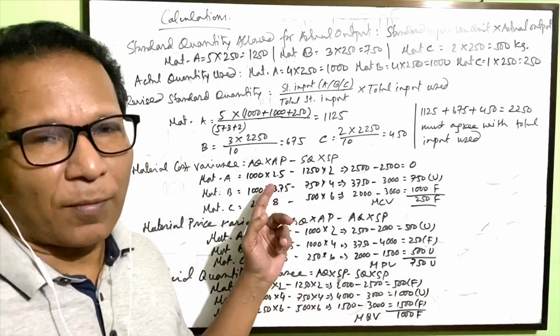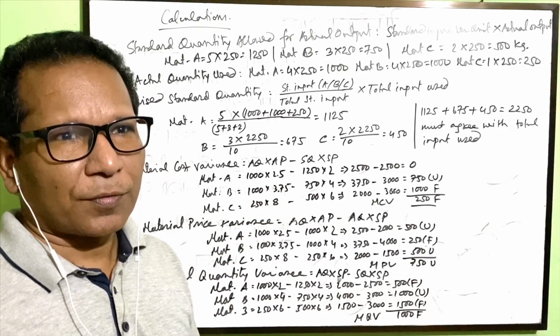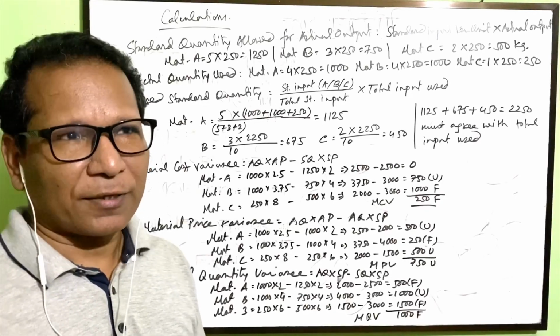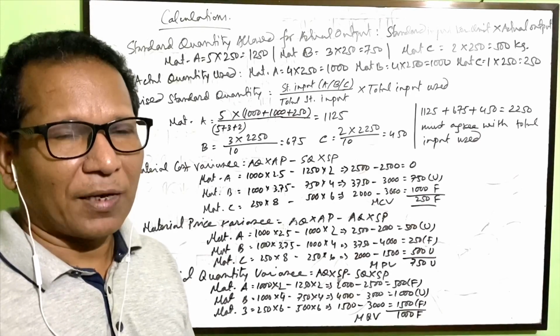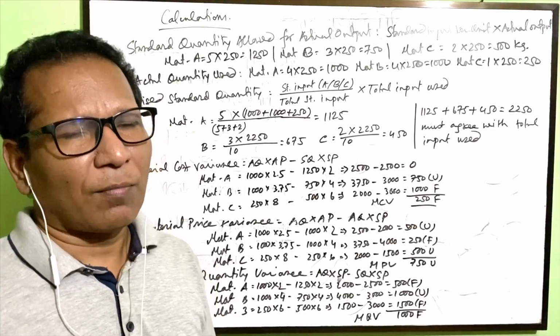So this is another problem. Here three types of raw material were used to manufacture a product: material A, material B and material C. This is a straightforward problem.